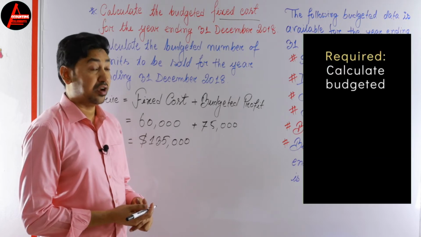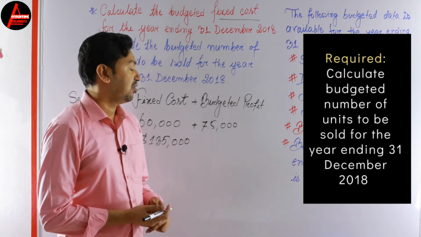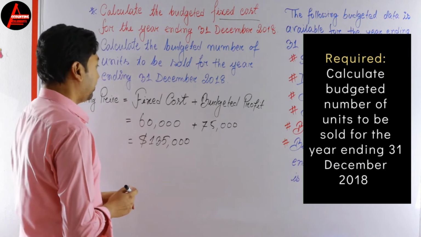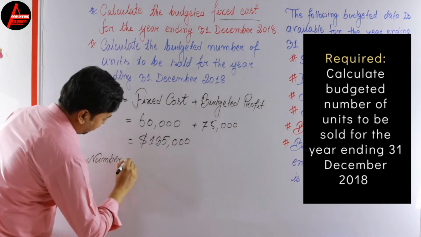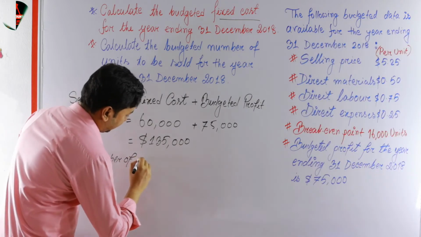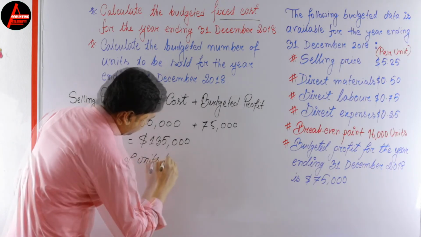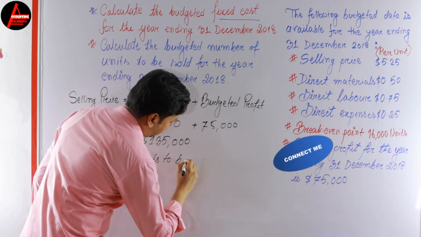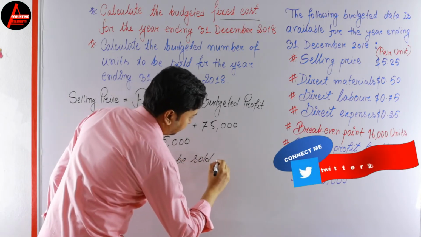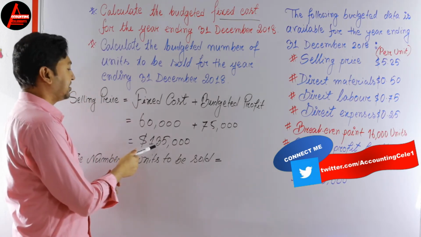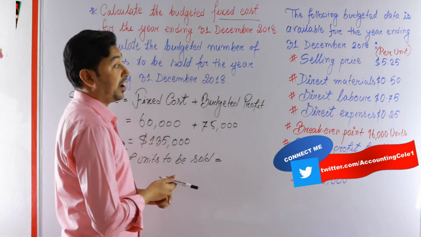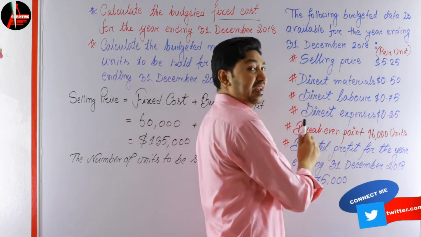Okay, the number of units to be sold. So here we can write the number of units to be sold equal to... Okay, so here we will divide this selling price by the break-even point units.